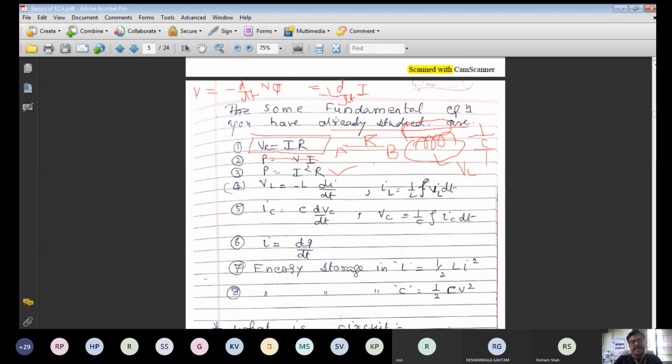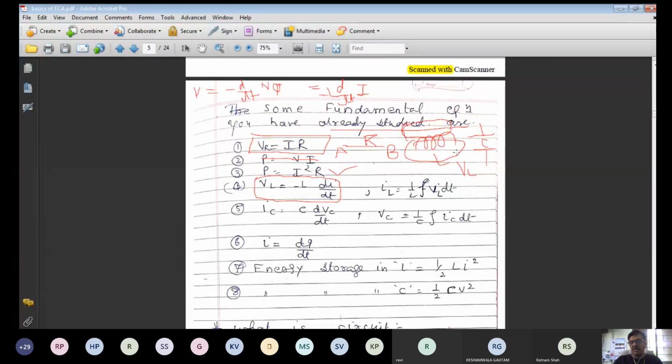That comes from N phi equal to L into I, where L is a constant term that I am just taking out. So this is the equation, L di by dt. From this equation we can calculate IL is equal to 1 upon L integration of VL dt.